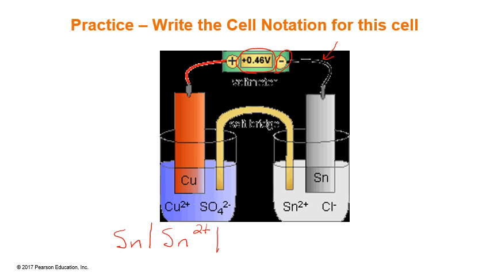This is followed by our double line representing the salt bridge, which is shown in yellow. And then we move to the cathode side, and we start with the solution, which in this case is the copper 2+. We put the solid line representing the phase transition to the cathode of the cell.